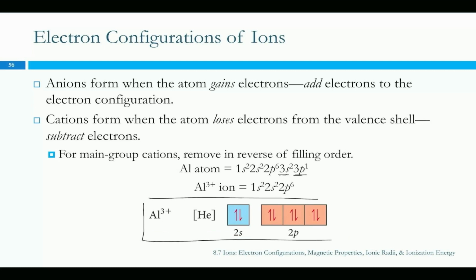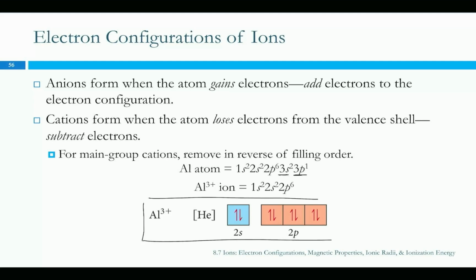So aluminum has these 3s2 and then 3p1. So there's 3 electrons there. And in general, when we're doing electron configurations for cations, you remove electrons in reverse filling order. So the 3p1 and the 3s2, those are the last electrons to go in.